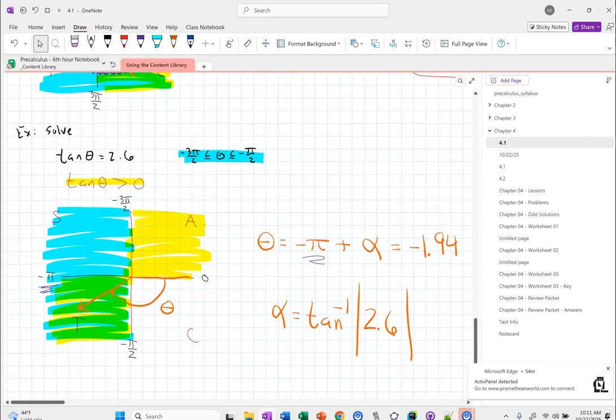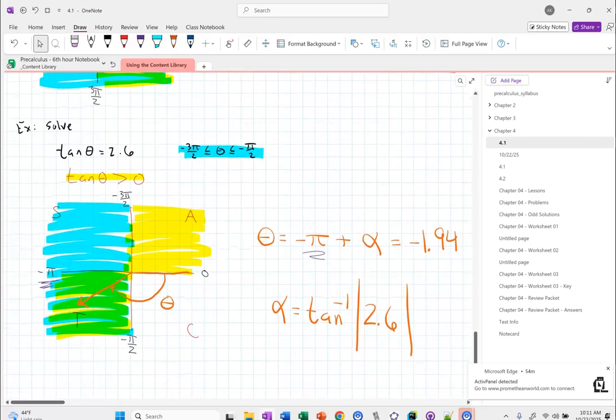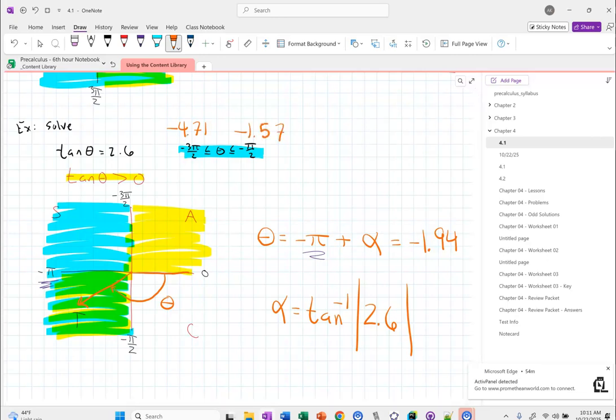We need to check our solution. If I type these two into my calculator, I get -4.71 and -1.57. Does -1.94 live between them? It does.